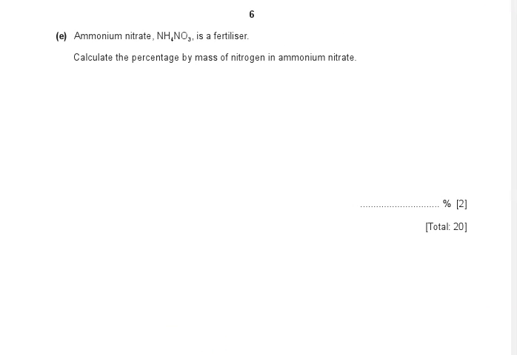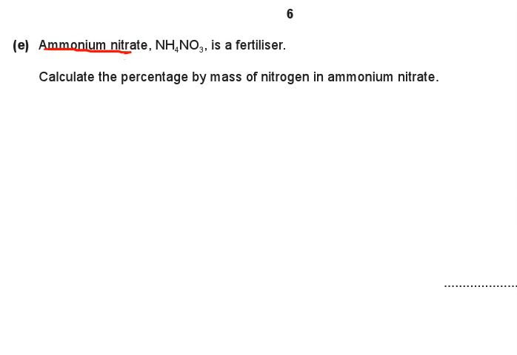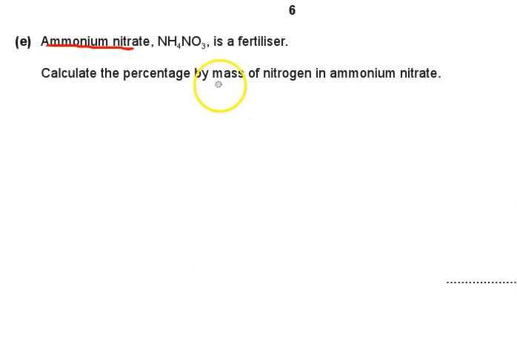Okay, so this calculation here, ammonium nitrate, okay, wait, let me make it bigger. Okay, ammonium nitrate is a fertilizer. Calculate the percentage by mass of nitrogen in ammonium nitrate. So we need to calculate the whole thing here.